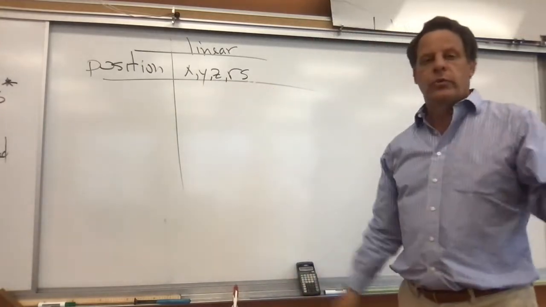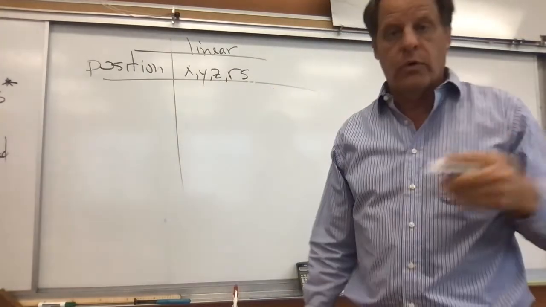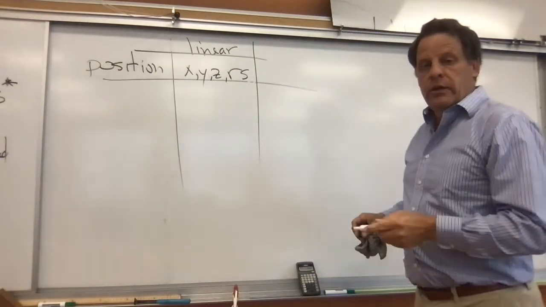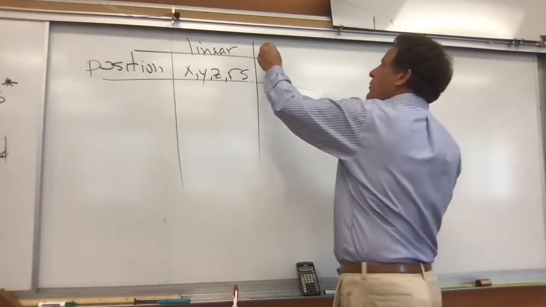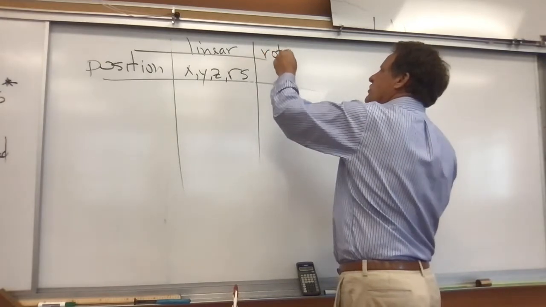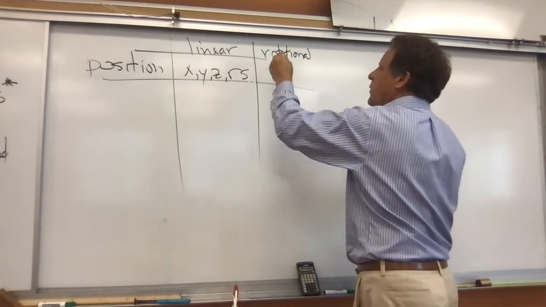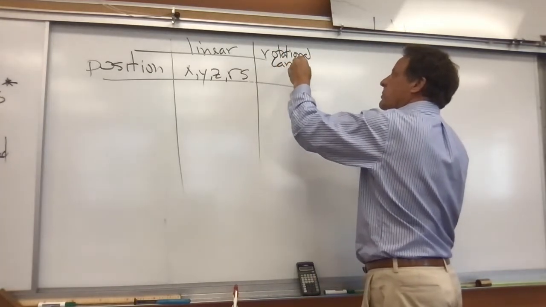Any one of those would be typical variables for a linear relationship. So if we're talking about rotational, another way to say rotational would be angular.